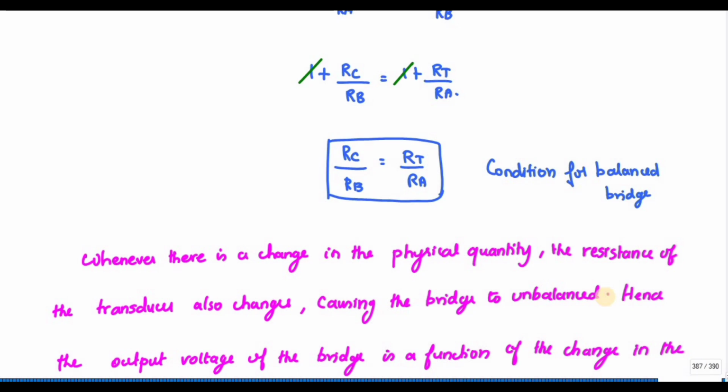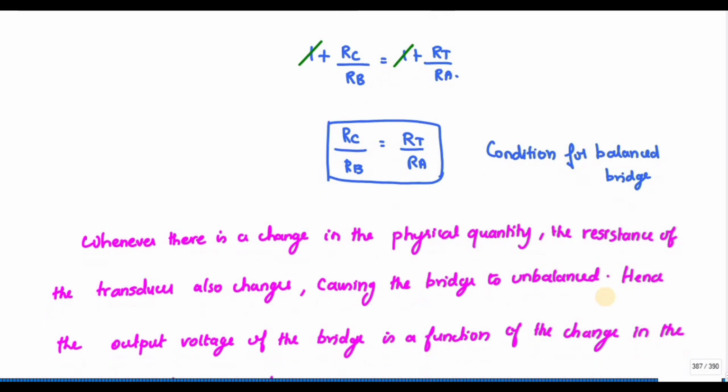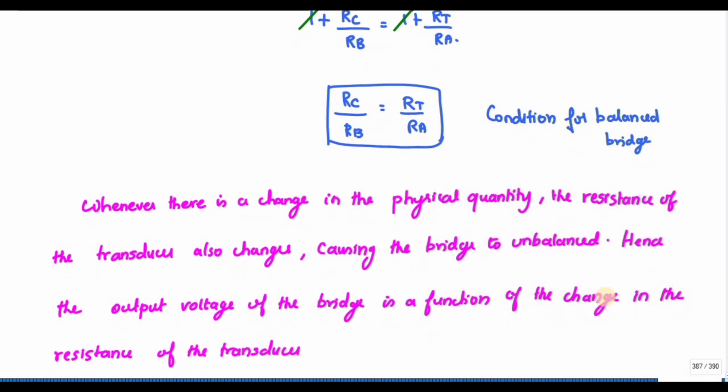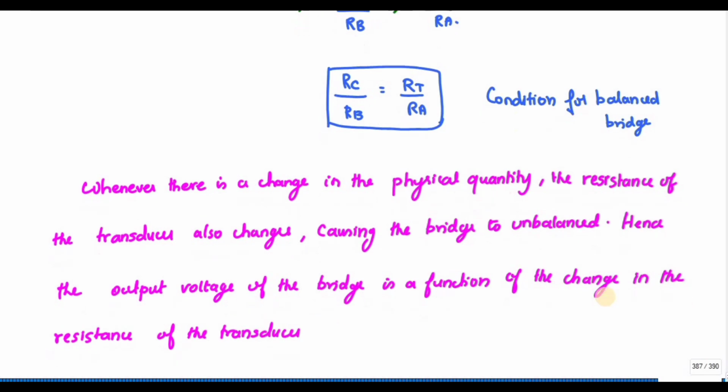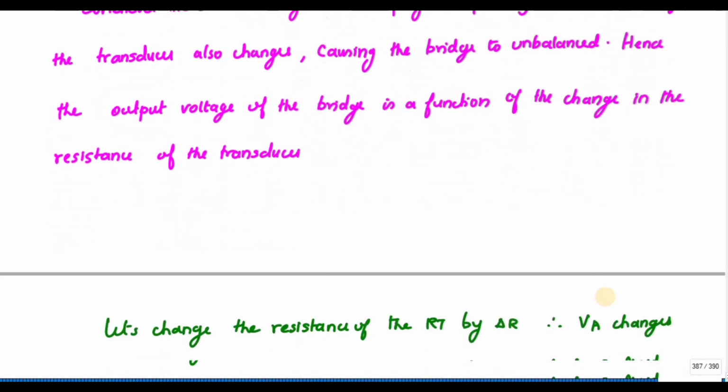Whenever there is a change in the physical quantity, the resistance of the transducer also changes, which causes the bridge to unbalance. Hence, the output voltage of the bridge is a function of the change in the resistance of the transducer.